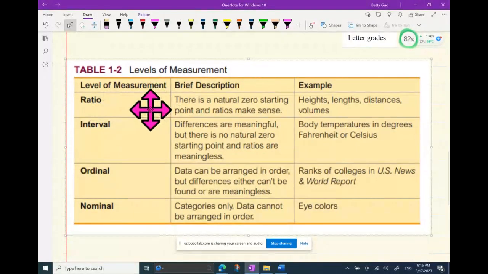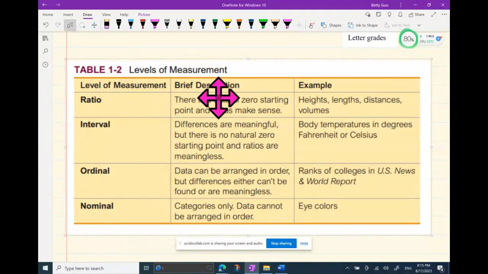For example, let's say 100 points is the maximum. One student gets 50, the other student gets 100. So the ratio 100 over 50 is twice. You see someone scores twice the other student's score. That makes sense. That is meaningful. So it is not ordinal. It is a ratio.